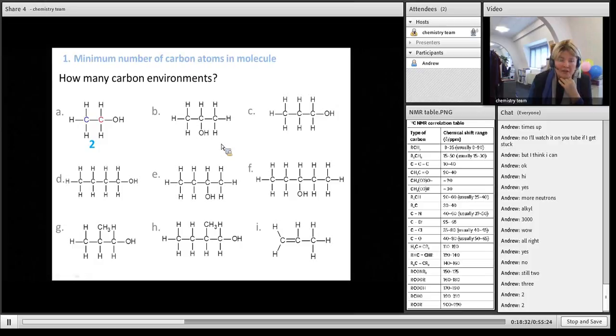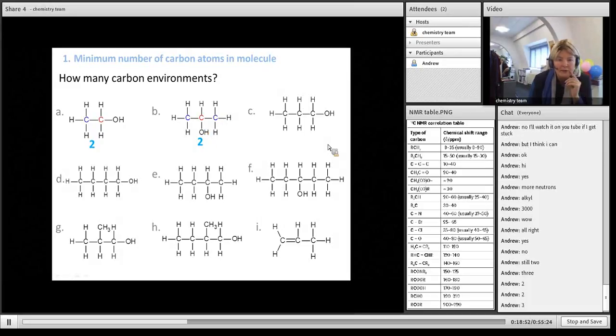What do you think about this one over here for B? Do you want to have a go? 2, correct. Because the 2 end ones, if you just look for the symmetry of the molecule, that often helps. So it is a fairly symmetrical molecule. So that still has 2.